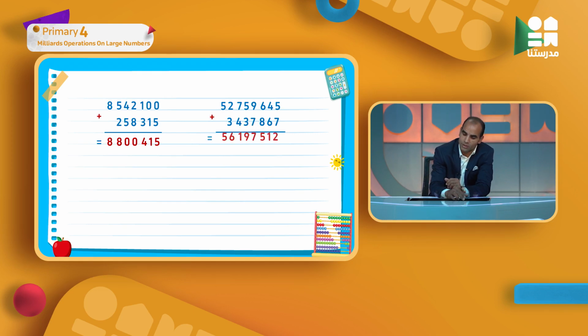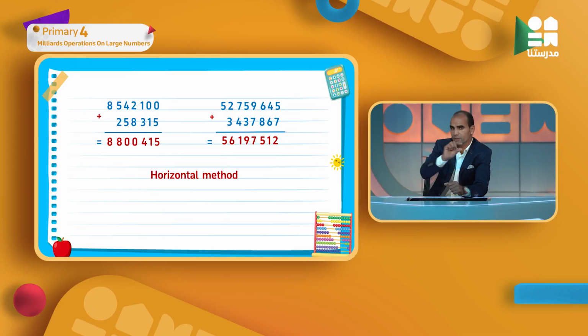Okay, this is the sum. Because 5 plus 7 equals 12, 2 and carry 1 up, and of course you know this method or the procedures. احنا عارفين ازاي احنا بنعمل addition زي ما احنا وضحنا من شويه.